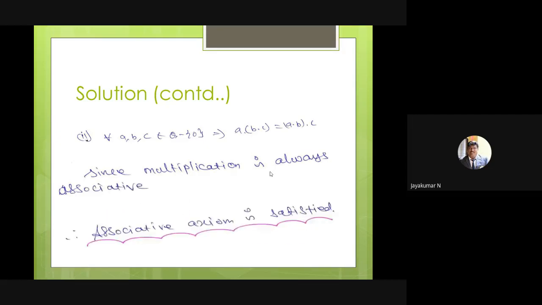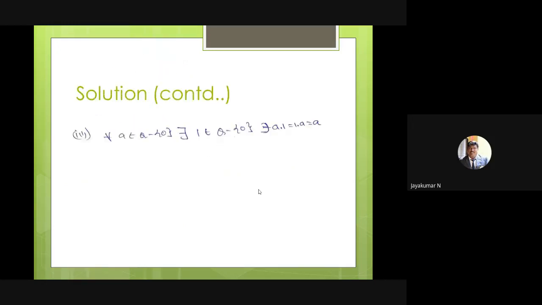Therefore the associative axiom is satisfied. Just as addition is always associative, multiplication is always associative when dealing with numbers. Underline the words 'when dealing with numbers'. Here I write it directly, otherwise you can do it the previous way.